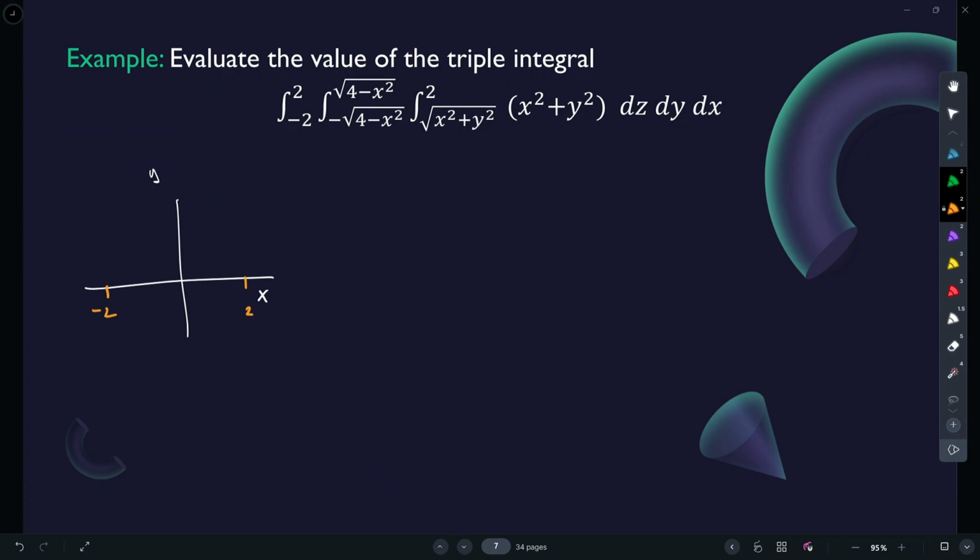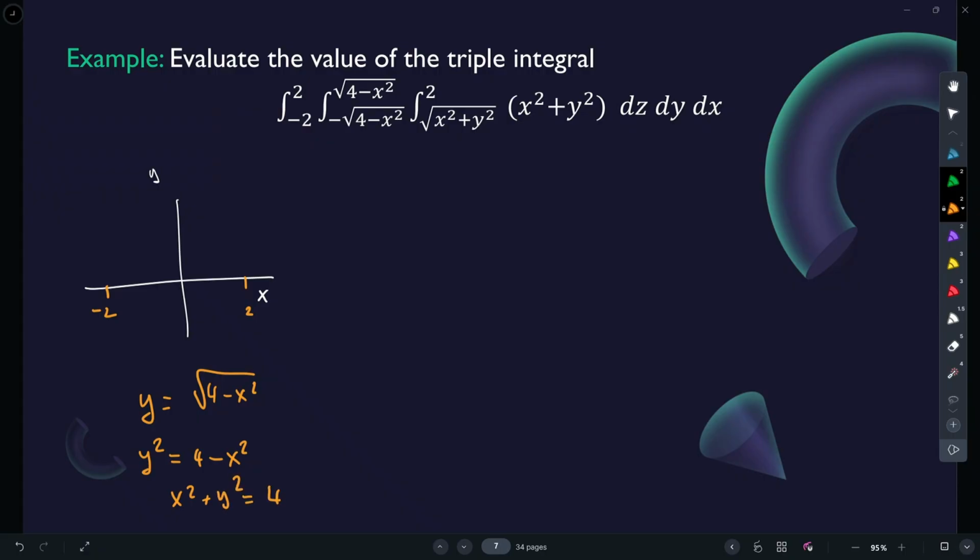The square root of 4 minus x squared is the graph of what function? It's a semicircle, okay? So if you set y equals the square root of 4 minus x squared and square both sides, you get y squared is 4 minus x squared, which is x squared plus y squared equals 4.